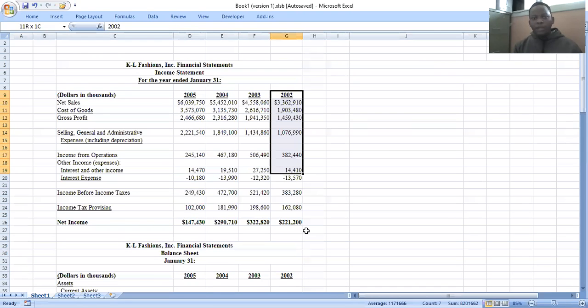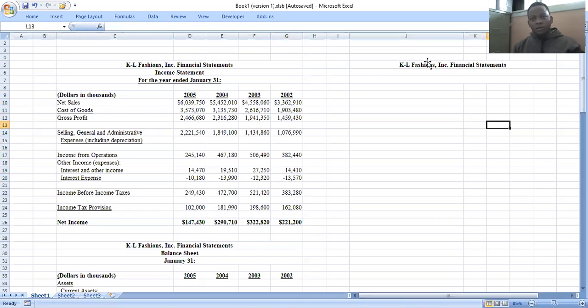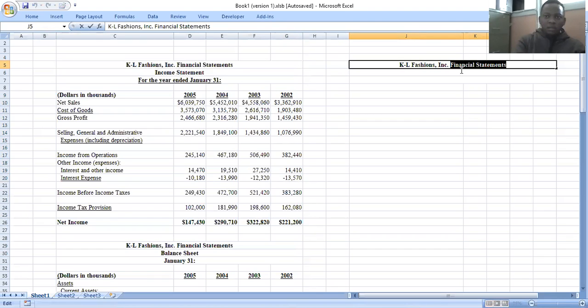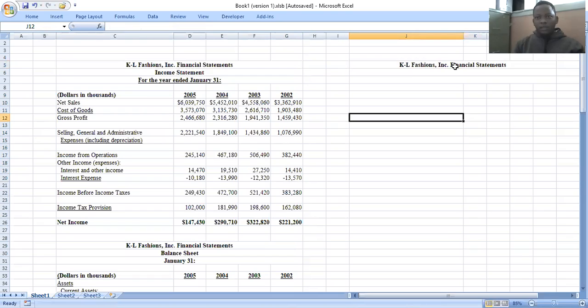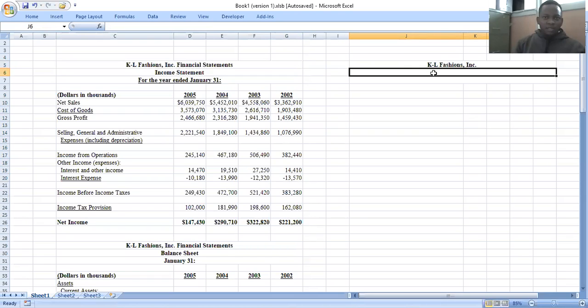So you can prepare the common size income statement of K&L. So let's try and do it. So K&L common size income statements.